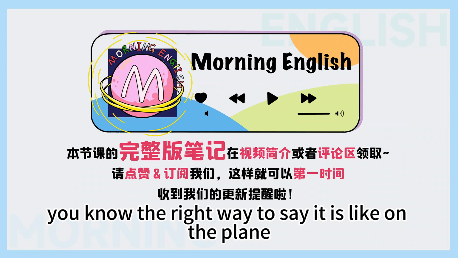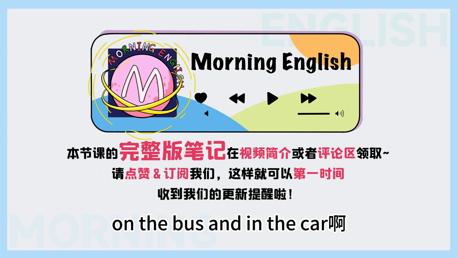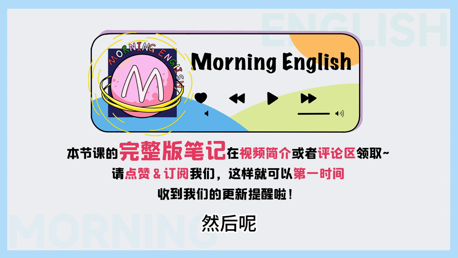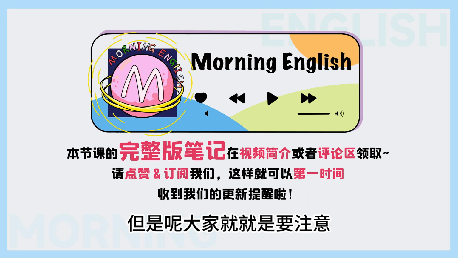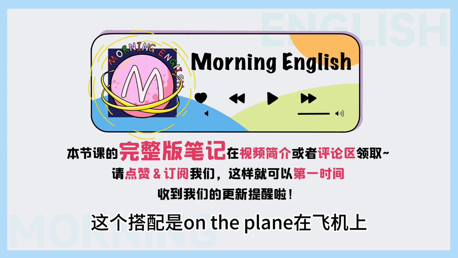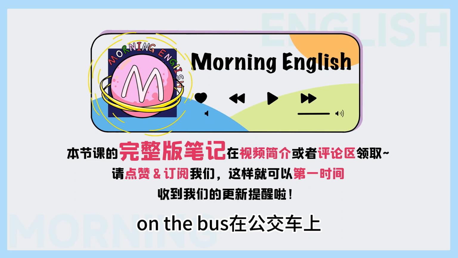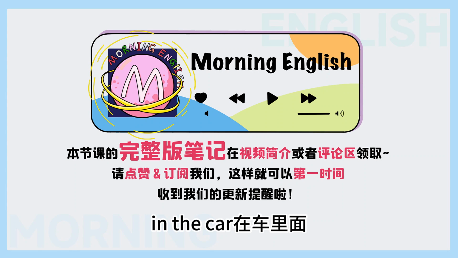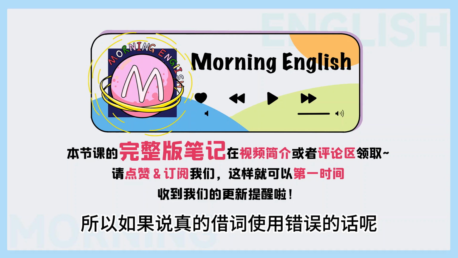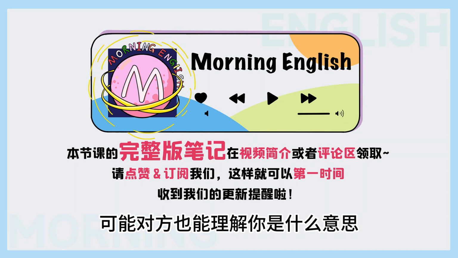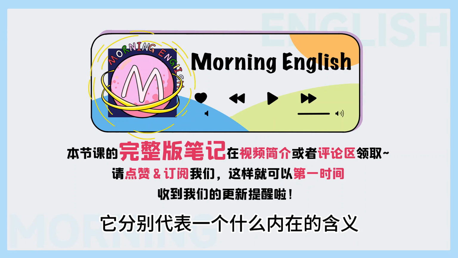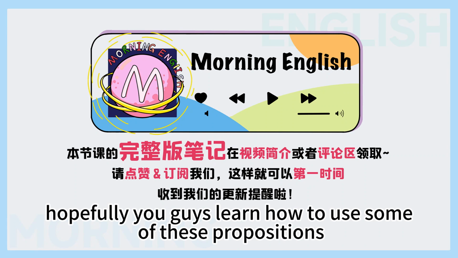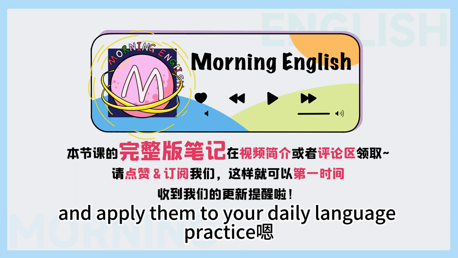But the right way to say it is on the plane, on the bus, and in the car. 有的时候要解释好像也没有什么一定的道理，但大家要注意这个搭配：on the plane 在飞机上，on the bus 在公交车上，in the car 在车里面。如果介词用错，对方也能理解，但你慢慢就能找到每个介词代表的内在含义。Hopefully you guys learn how to use some of these prepositions and apply them to your daily language practice.